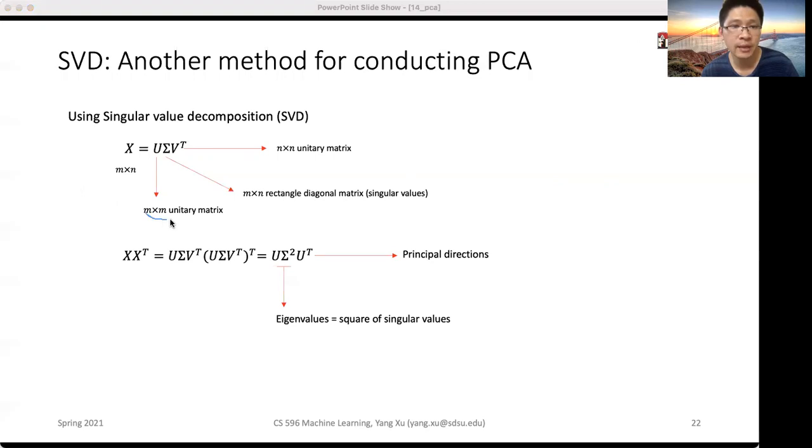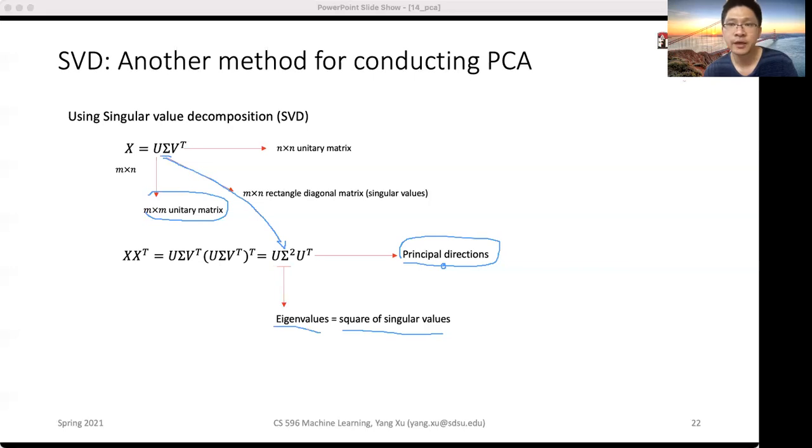The first unitary matrix here is just the principal component directions. And if we use sigma squared, it will be the eigenvalues, a square of the singular values.